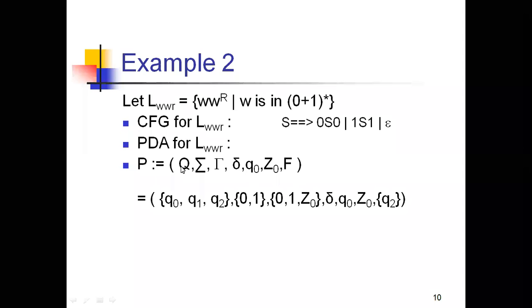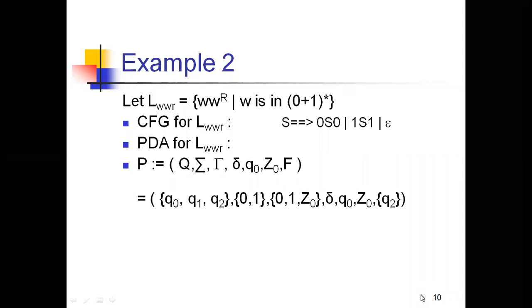Now we need to design the PDA for this language. For constructing the PDA, I think you all know how to design the CFGs, and from that you design the PDAs. By knowing the construction of the CFG, you design the PDA.